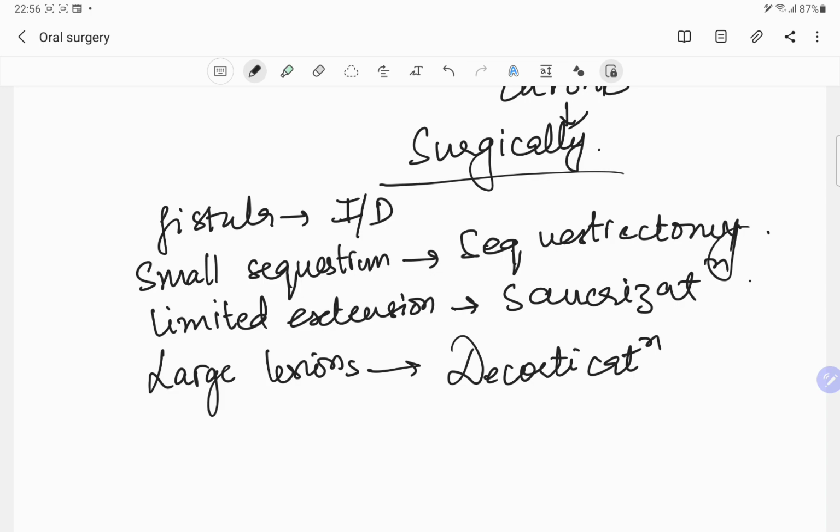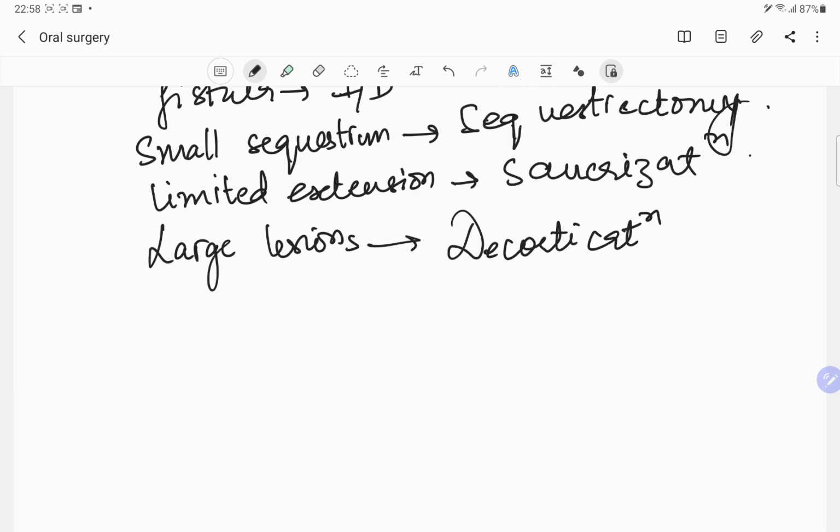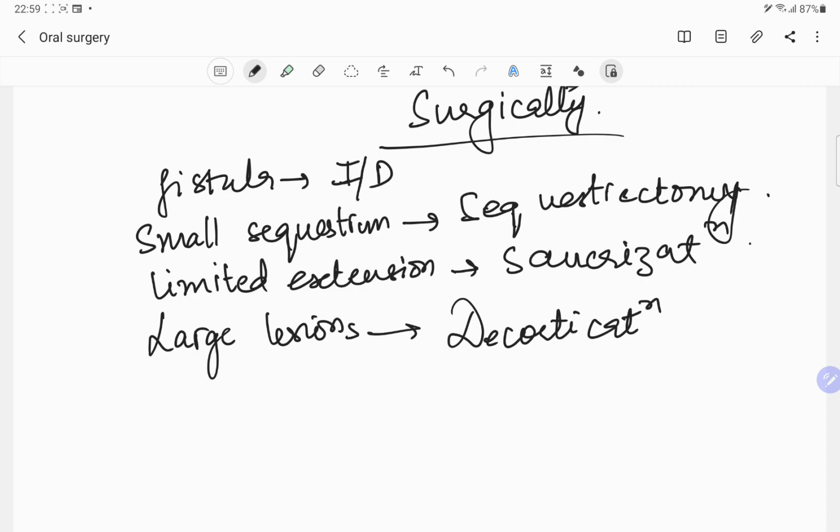Saucerization is, along with the infected bone, we are removing the adjacent cortical bone also, and we leave it open. So the classical treatment is sequestrectomy or saucerization. Basically our main aim is to remove the necrotic, poorly vascularized bone. Sequestrectomy is only removing the infected avascular bone, basically only the cortical part which is necrosed.